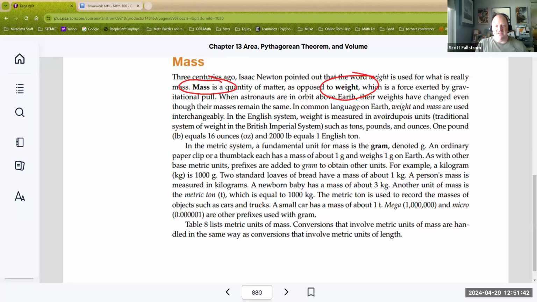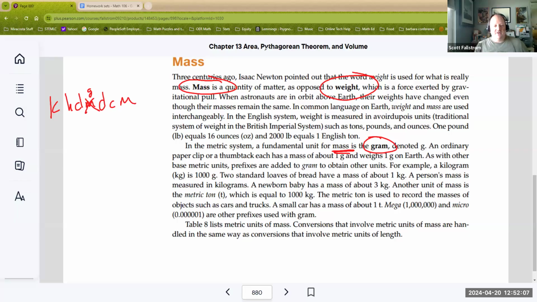For the English system, we tend to say everything is measured in kind of weight. But for mass, the metric system has a unit, which is a gram. And again, King Henry's Dear Mum drinks chocolate milk. They replace meter with gram: kilograms, milligrams.